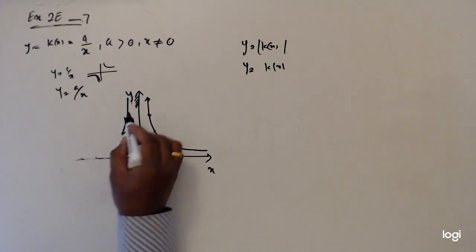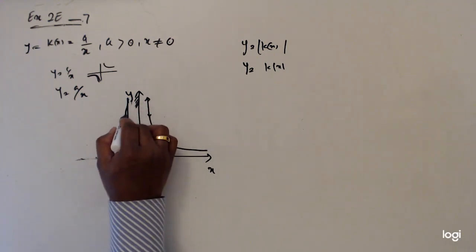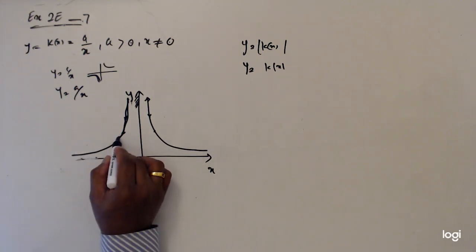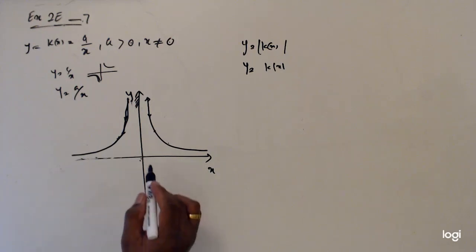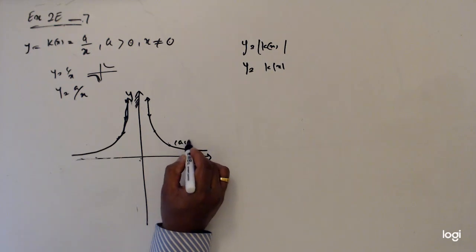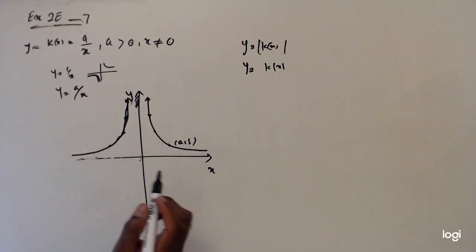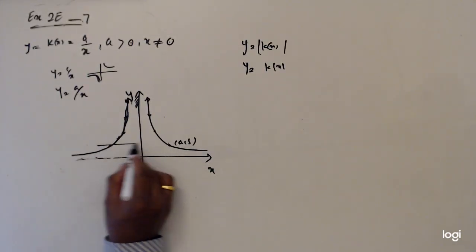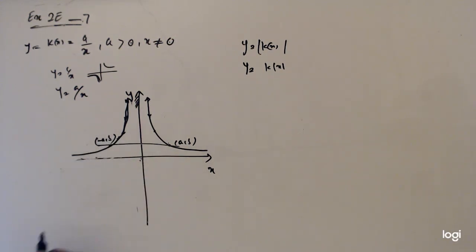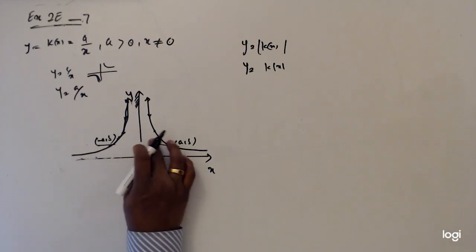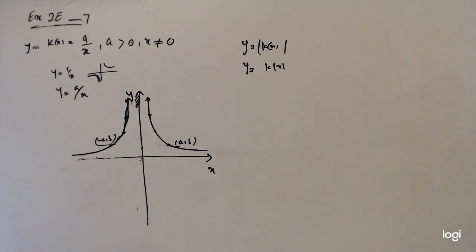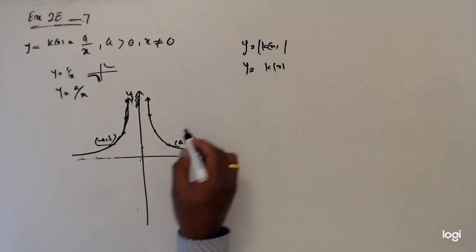So likewise, this is the mirror reflection of this one. Assume this is AB point, so this is then minus AB point, just to show a point on this graph. So this is y equal k mod x graph.